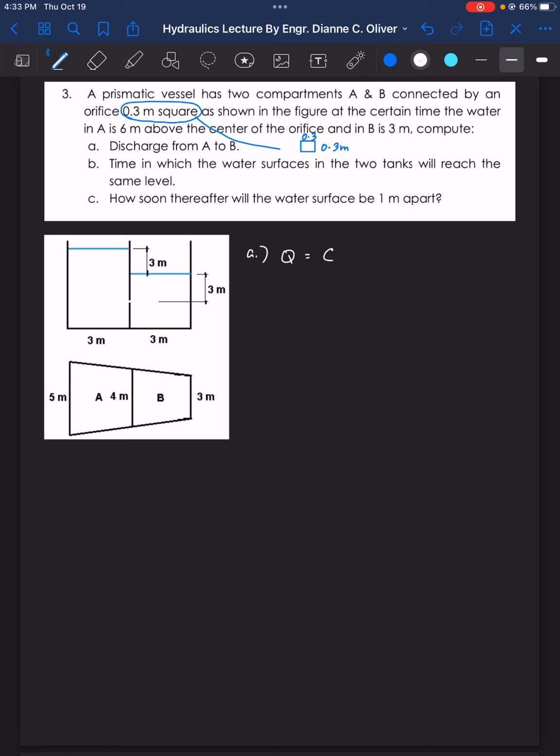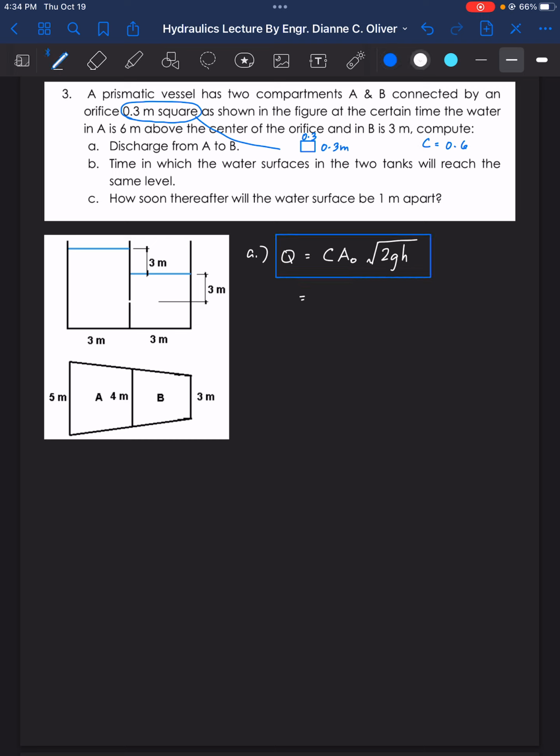C is equal to 0.6. So our coefficient of discharge is 0.6. So Q is equal to C, the area of the orifice, and square root of 2gh. So this is the formula for Q.